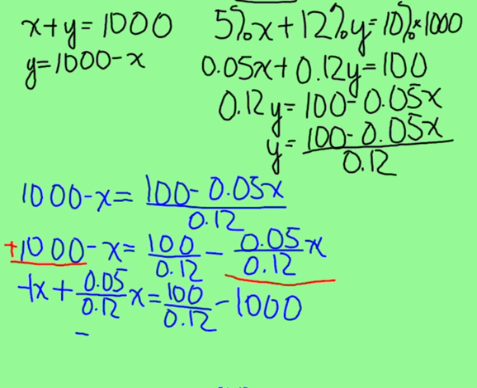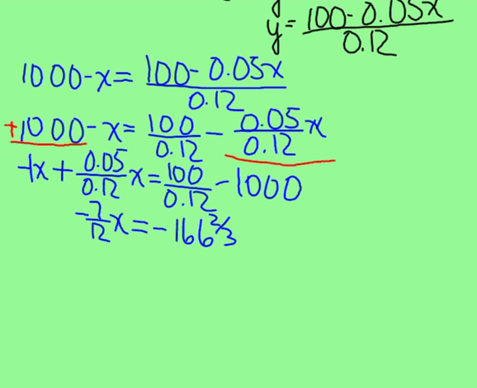So -7/12 x equals, now on my calculator, 100 fraction decimal 0.12 minus 1,000. And I'm getting -166 2/3.